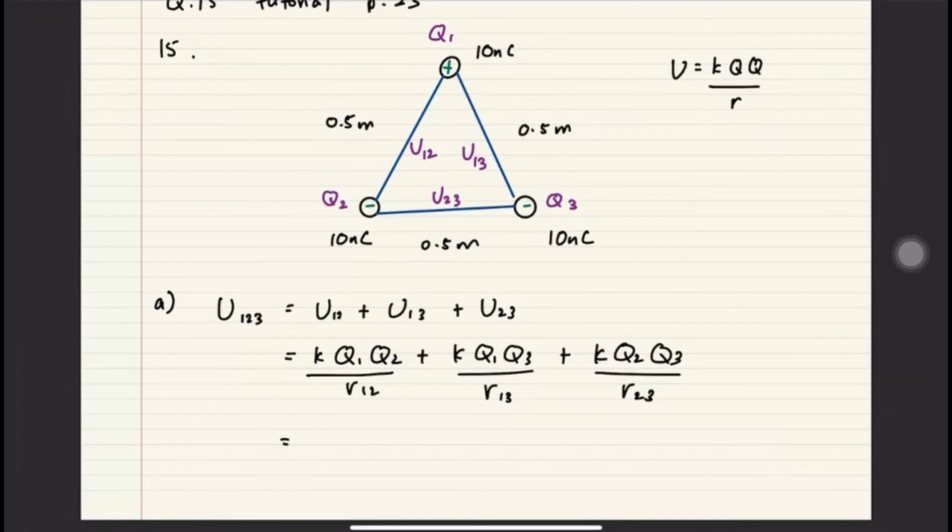Okay, K dengan R dia kebetulan sama. So I can factorize those value. So it will be 9 times 10 to the power of 9 divided by R dia adalah 0.5. And then Q1, Q2 tu dia darab 10 negatif 9. Sebab dia nano kan.